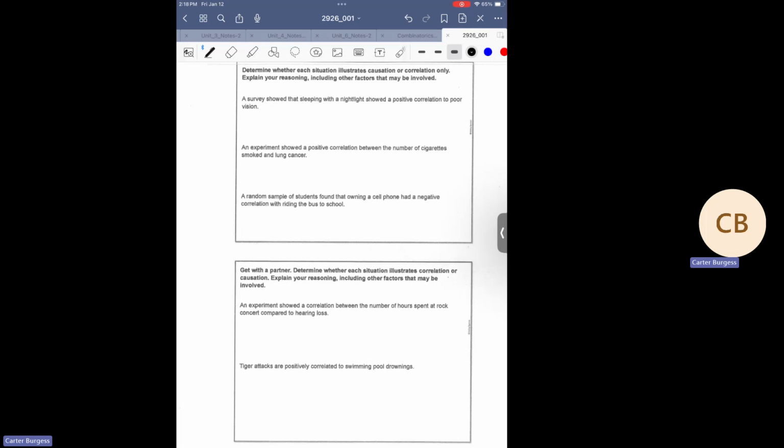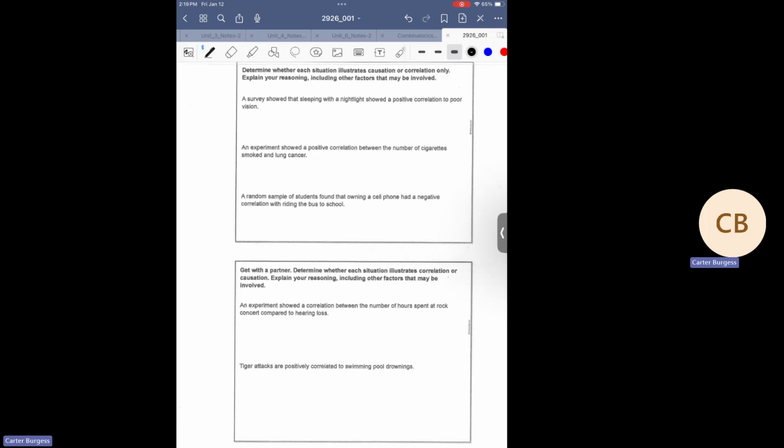Basically, causation is like punching the face. This example survey showed that sleeping with the nightlight showed a positive correlation.